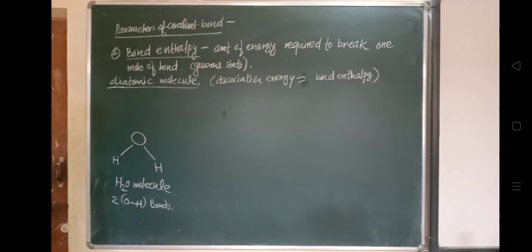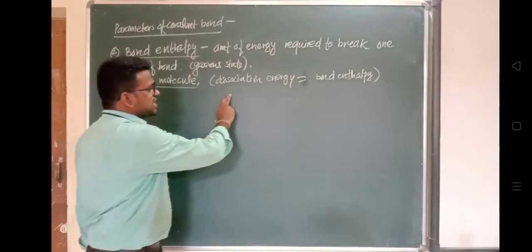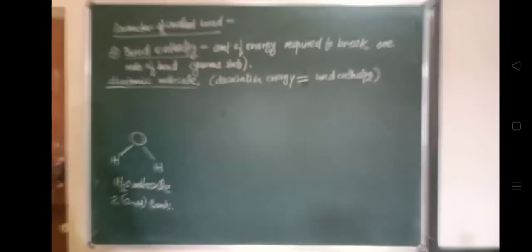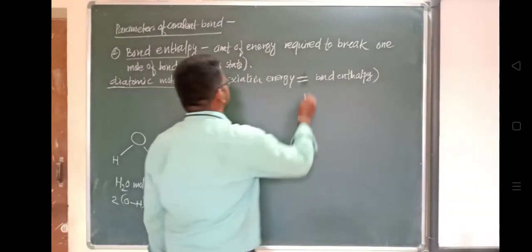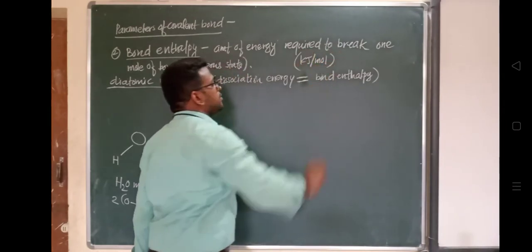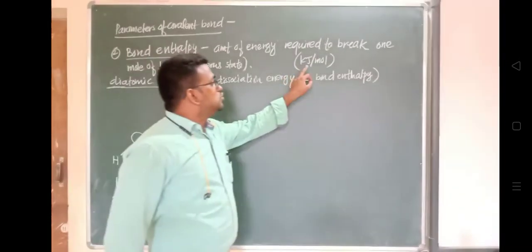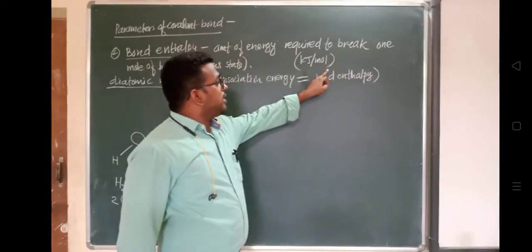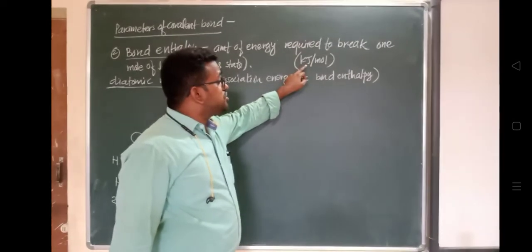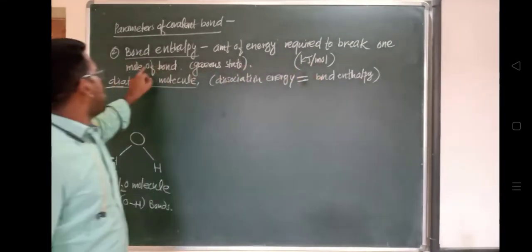So the amount of energy which is required to break 1 mole of bond is expressed in kilojoule per mole. यानी एक मोल बॉन्ड ब्रेक करने के लिए, उसको इतनी मात्रा में एनर्जी रिक्वायर्ड होती है, which is represented by bond enthalpy.